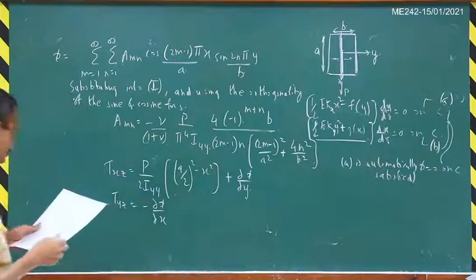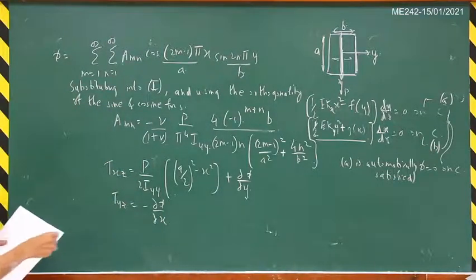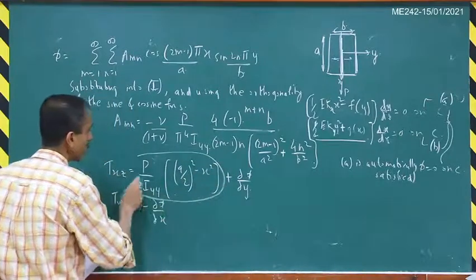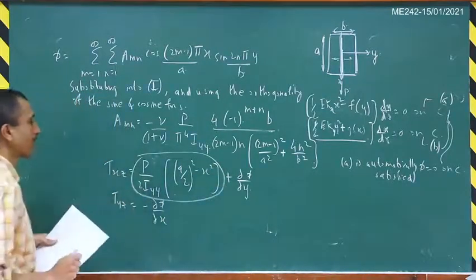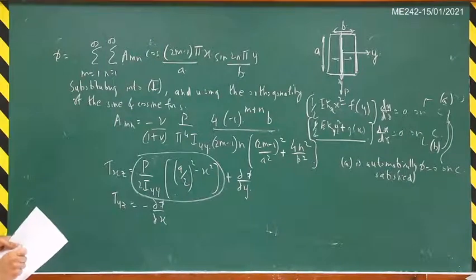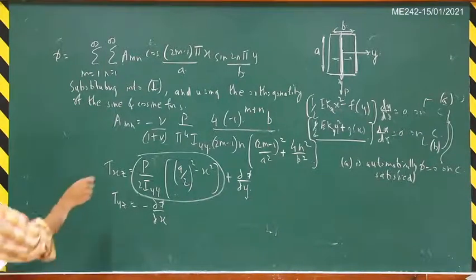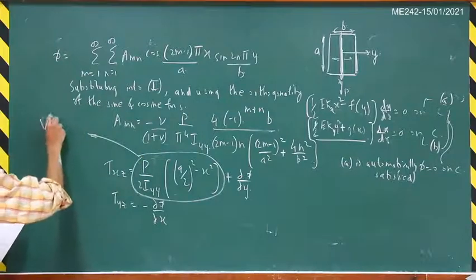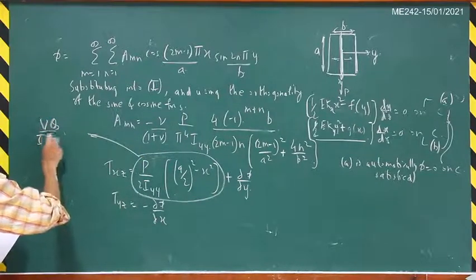Now you can see that this particular term here, this is really quite amazing, is exactly your strength of material solution. That means whatever I have written here is what you would get from your VQ by Ib formula.